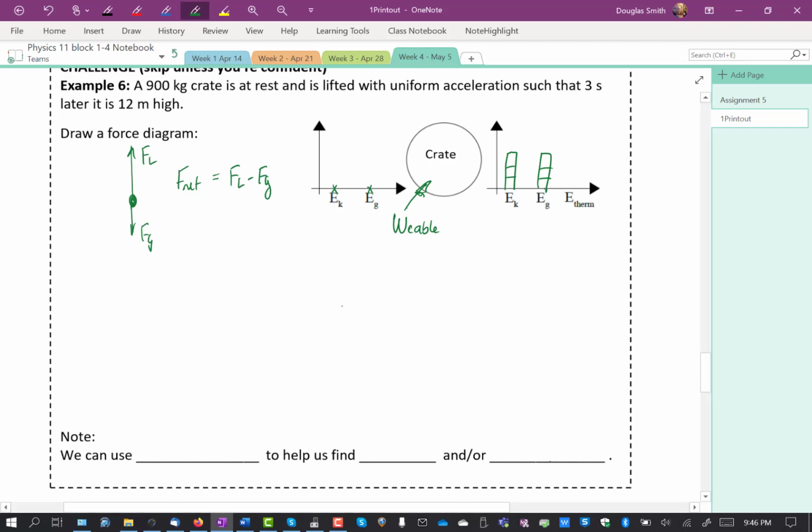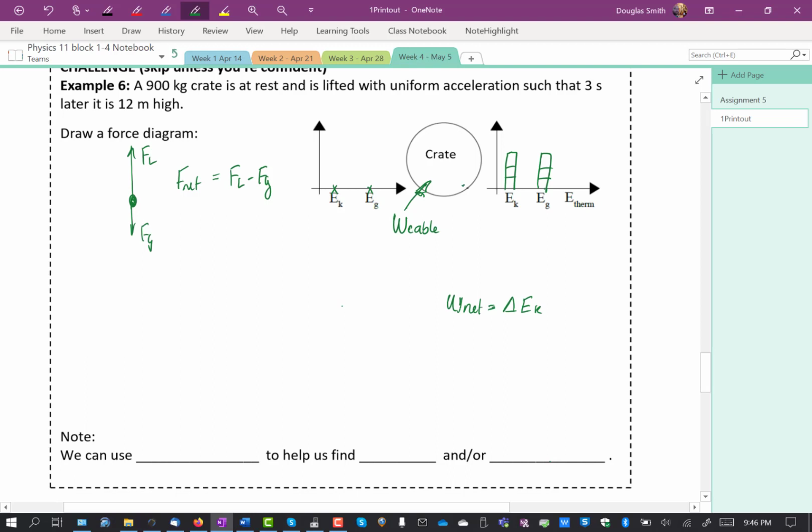Now we already know that work is equal to delta EK, net work, sorry. So the question is, what does net work have to do with this cable and this EG? Like there's extra things there.